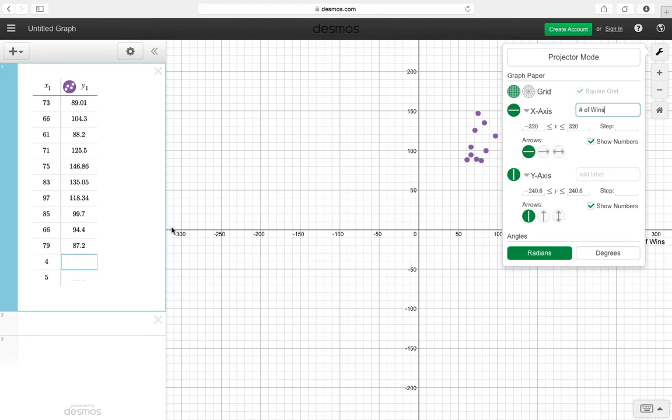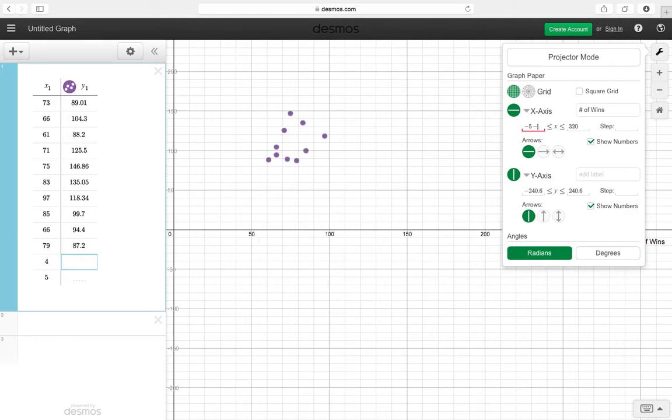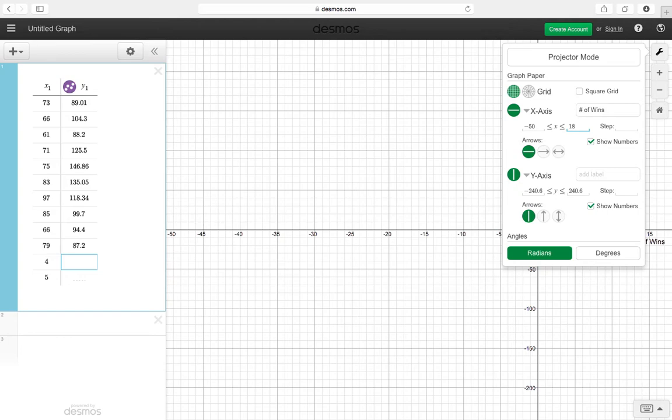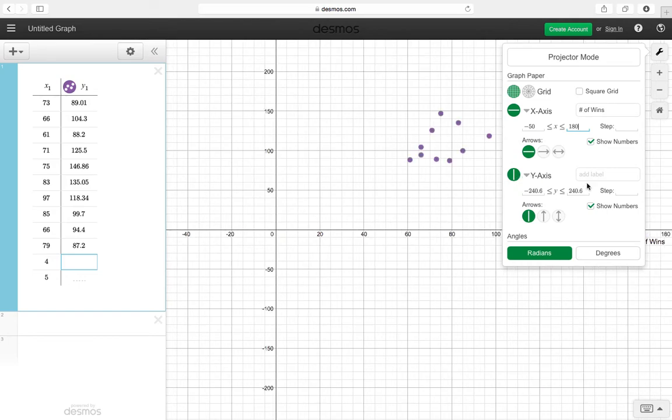It's going from negative 320 all the way over here to positive 320. Well, we don't need to see that much. Maybe let's just take it from negative 50, if I can type. And what's the maximum number of games that they could win in a year? Well, 162 is the number of baseball games we play in a year. So let's go a little bit past that. Maybe let's just say 180, just so our graph looks nice and fancy.